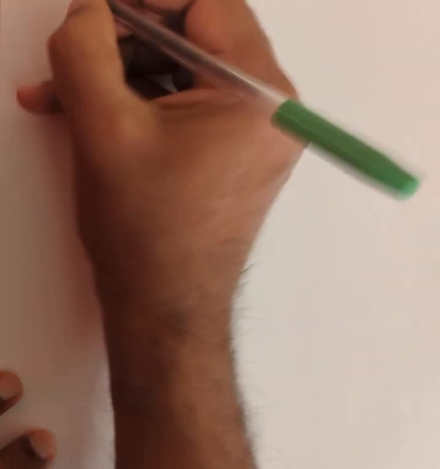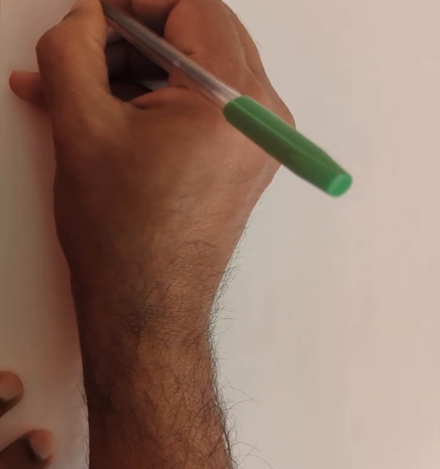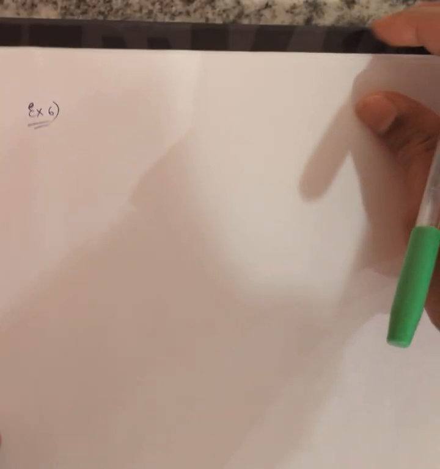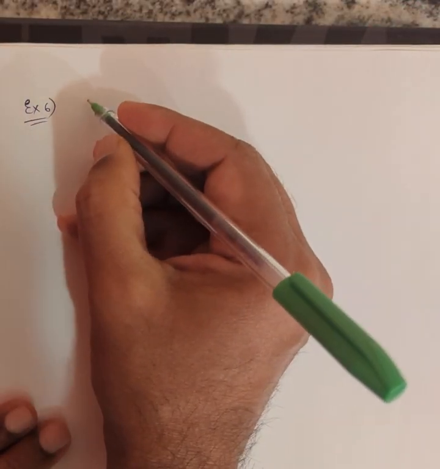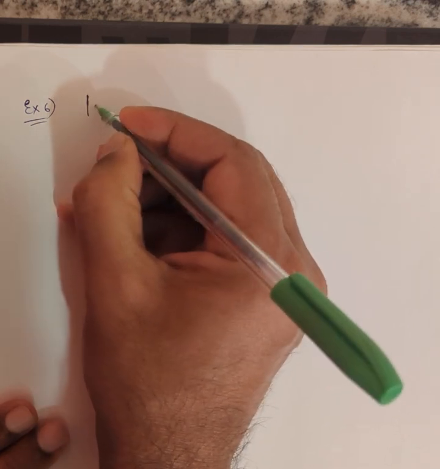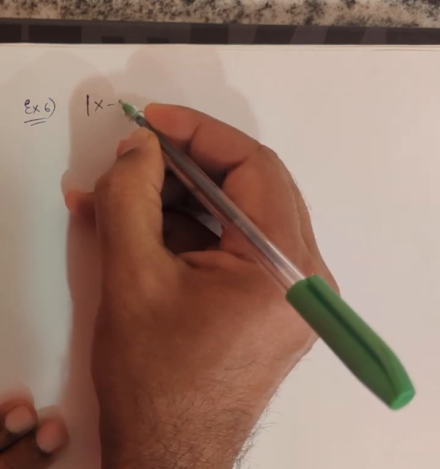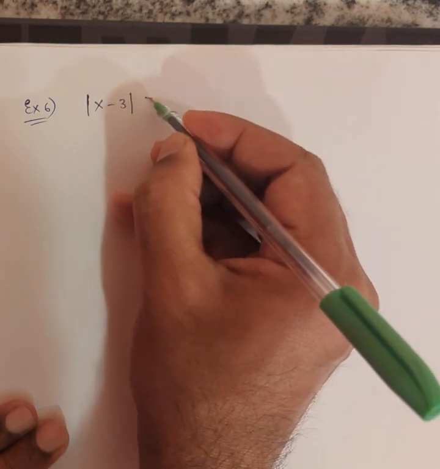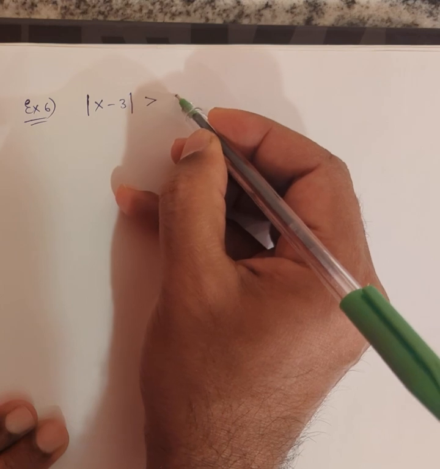Now let's challenge ourselves a little bit more by throwing in some more complications. So sometimes you may have absolute value of x minus 3 is greater than 5.